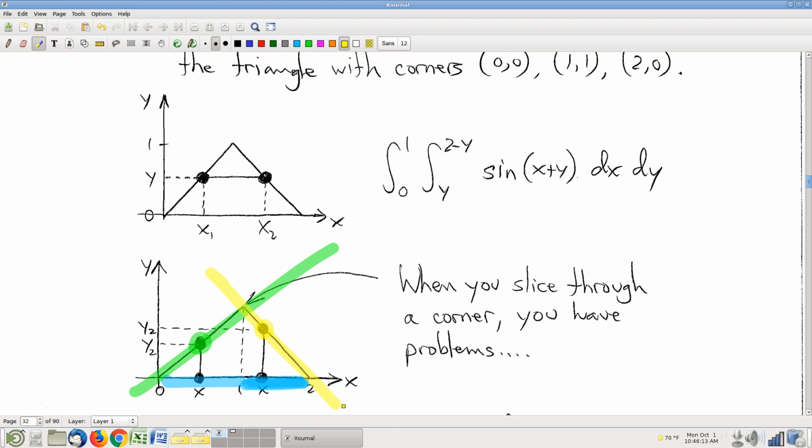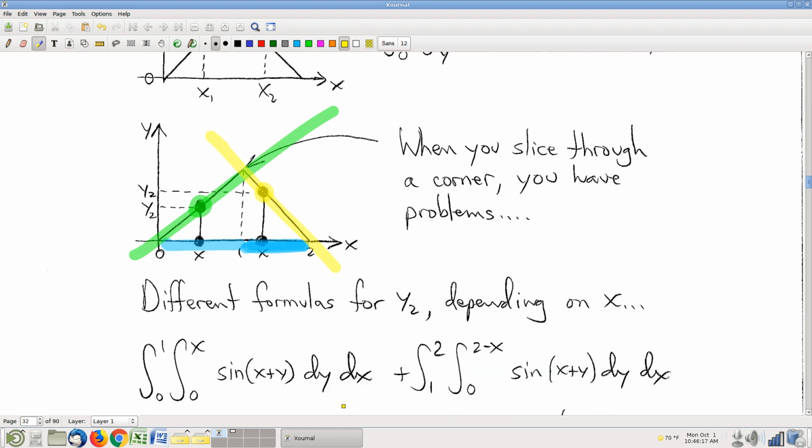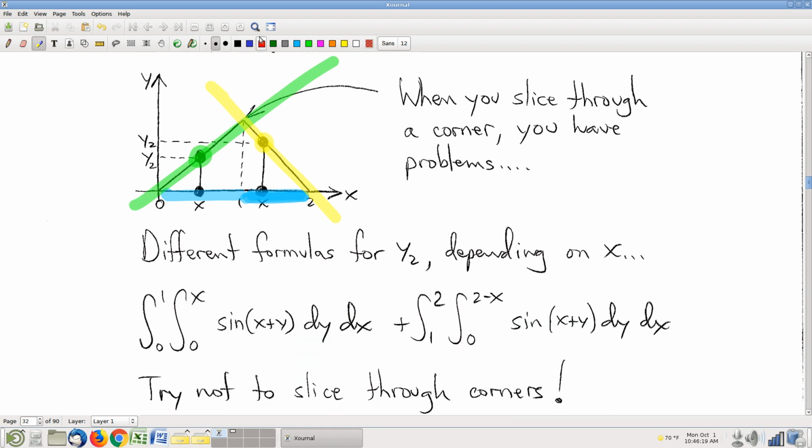So which one do you write down? What do you put in that upper bound for y, for the dy integral? And the answer is you've got to put two different things. It's not like you can just pick one. For small values of x, it is the green curve. For large values of x, it is the yellow curve. So you have to break up your integral into two separate integrals.